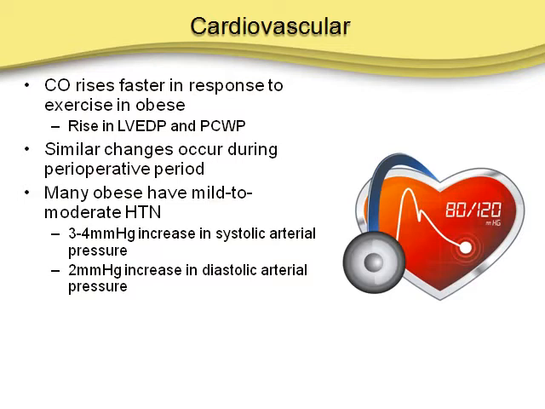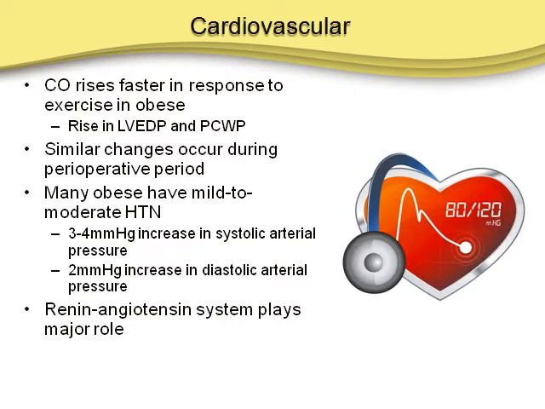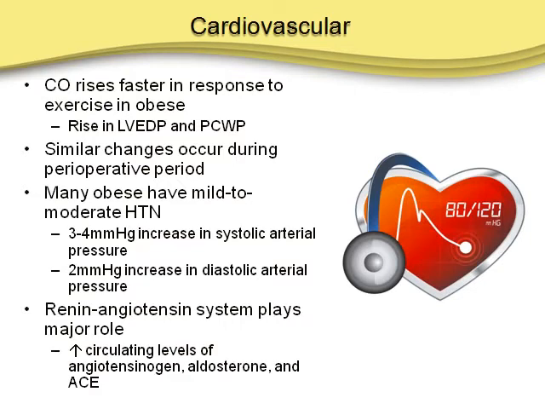Their expanded blood volume causes an increased cardiac output with a lower calculated systemic vascular resistance for the same level of arterial blood pressure. The renin-angiotensin system plays a major role in the hypertension of obesity by increased circulating levels of angiotensinogen, aldosterone, and angiotensin-converting enzyme.